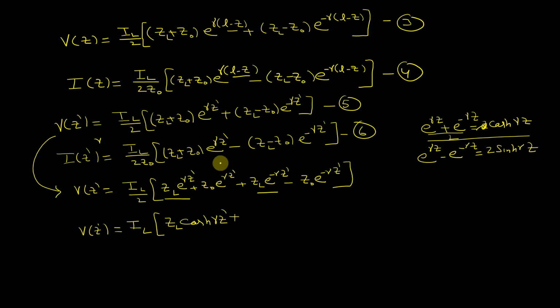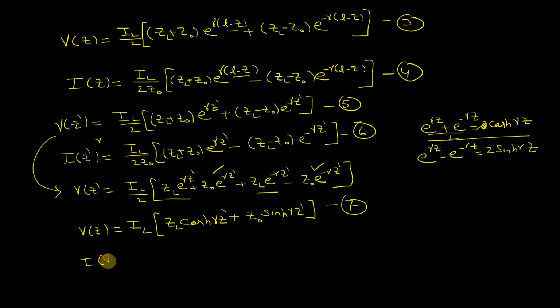Similarly, for this term and this term, take Z naught common. If you take Z naught common, the 2 is divided by 2, so that will be equal to sin hyperbolic gamma z dash. So this will be like this, and let us say it is equation 7. Similarly, open the bracket and solve it for Iz dash.